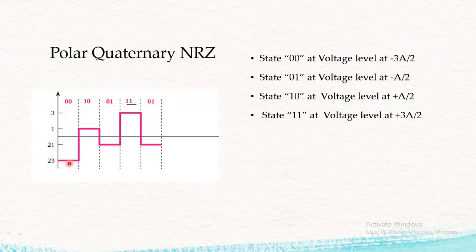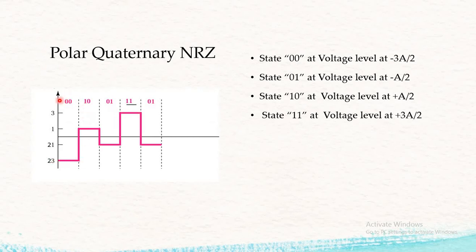Now each voltage level represents one particular value. The lower value, -3a/2, is represented by 00, a/2 is represented by 10. So it is 00, 10, 01 and 11. Likewise we have represented.